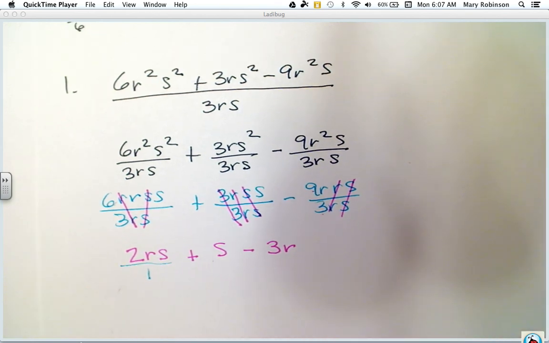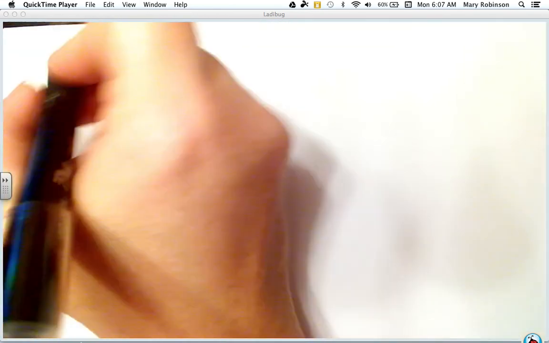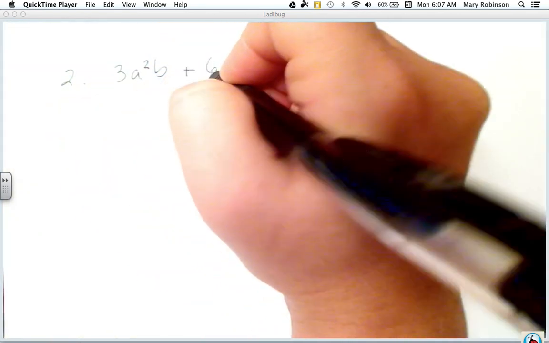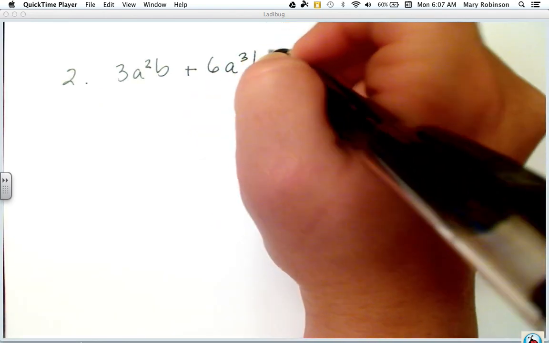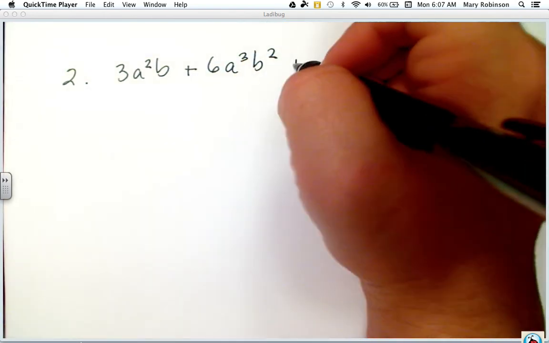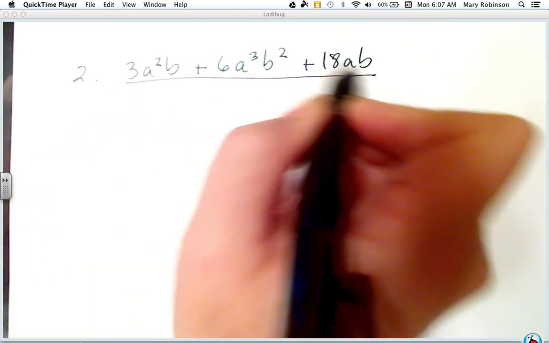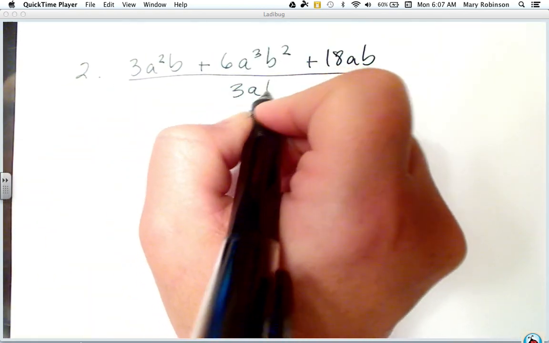I'm going to give you another one and ask you to try this one independently. So when I write this one down, please pause the video and try it. 3a squared b plus 6a cubed b squared plus 18ab all over 3ab.